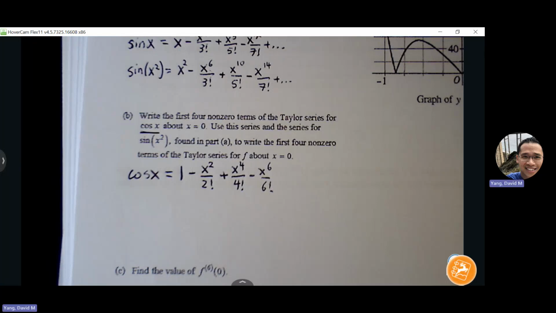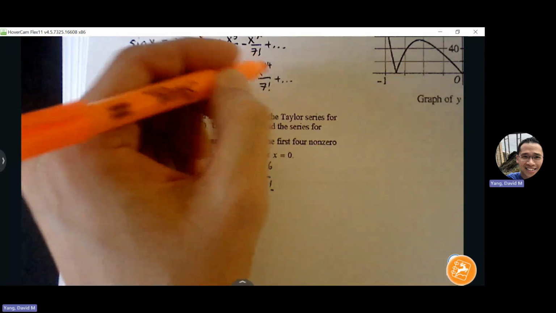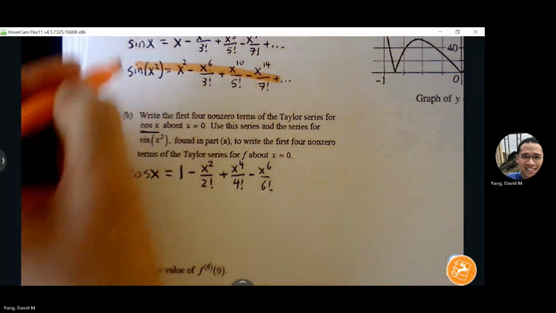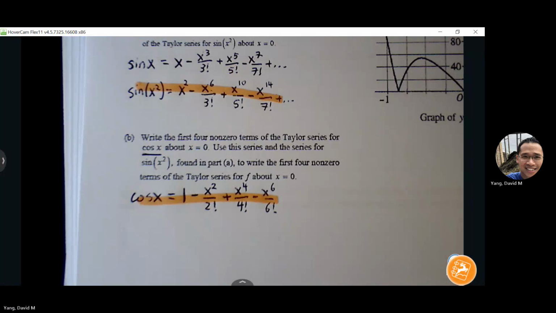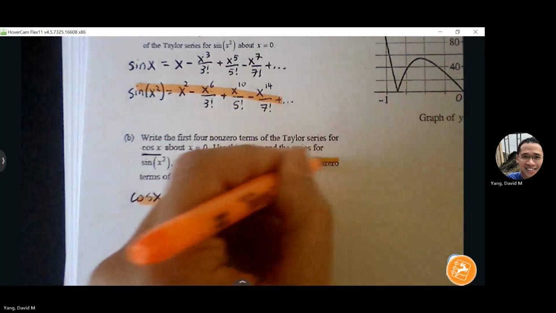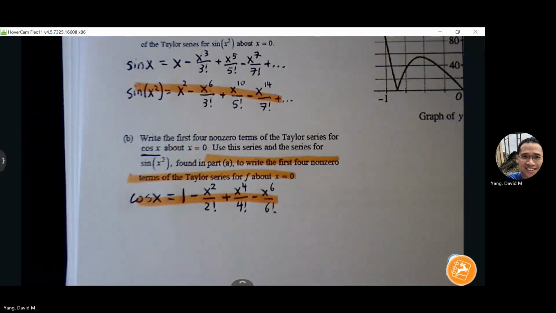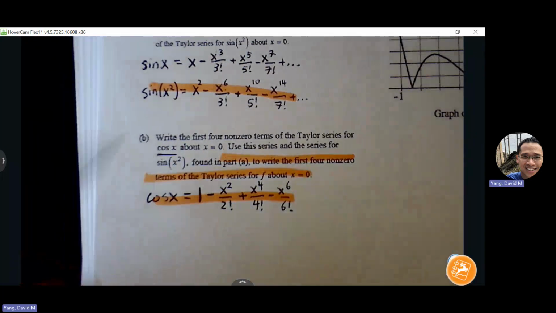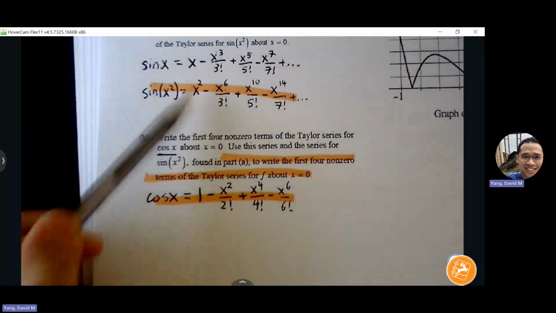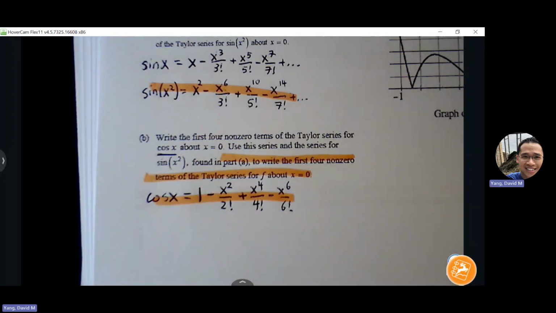So we want cosine of x plus sine of x squared. So I'm going to take these 2 series and add them together. There are some that overlap, some that don't. I'm going to just put them all in ascending order, and then if there's any overlap, I can combine those like terms.